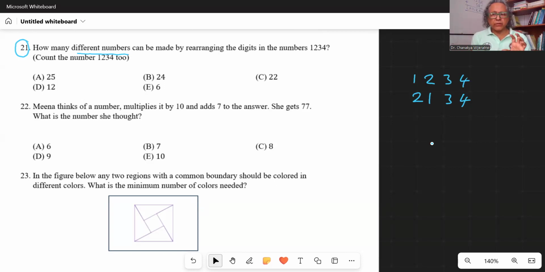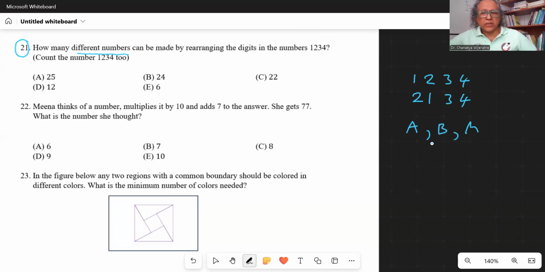Before I do this, I want to draw the similarity between this question and a question in the medium section, right? That was to find the number of ways of arranging apple, banana, and mango. So we use letters to denote those fruits: A for apple, B for banana, and M for mango.